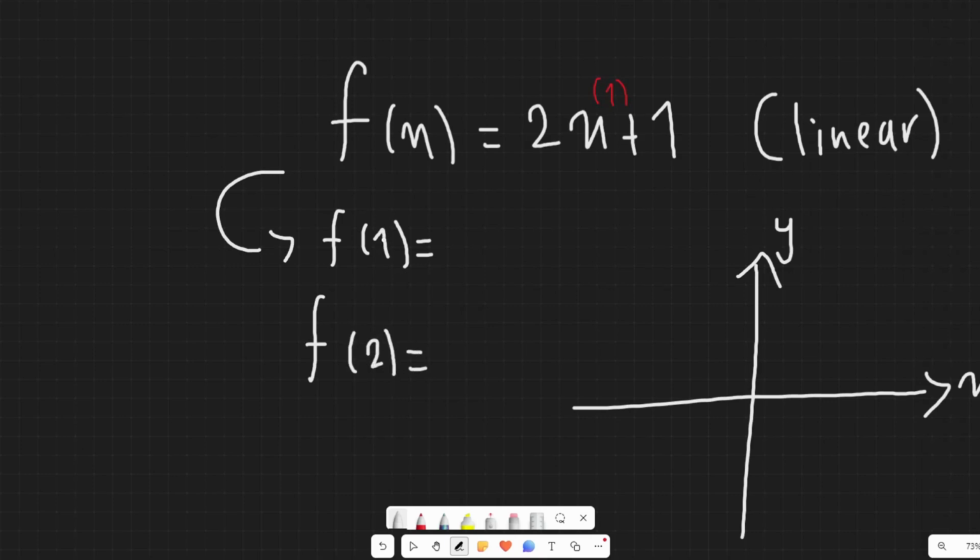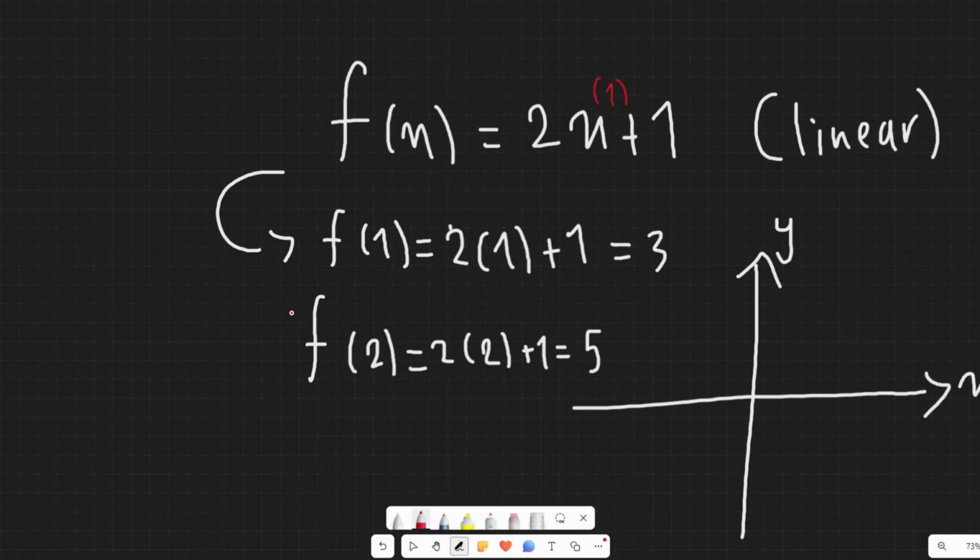So if x is 1, y is equal to 2 times 1 plus 1, right? Because now we know that to find the output of f(1), we just replace x with 1. 2 times 1 is 2, 2 plus 1 is 3. If x is 2, then 2 times 2 plus 1, 2 times 2 is 4, 4 plus 1 is 5.